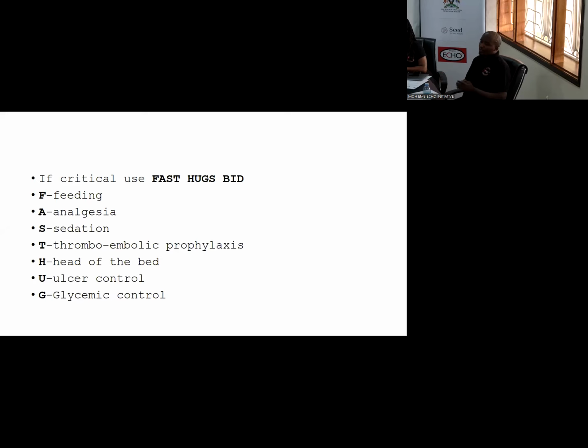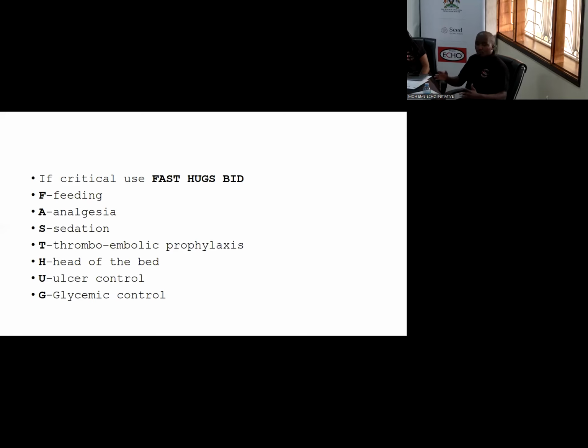Then ulcer control. If they're in ICU or at A&E, these rhythms and diagnoses, and the interventions and the way we approach patients, bring so much stress to these patients. So patients may end up getting stress ulcers, and if they are completely sedated, they may also get pressure sores.